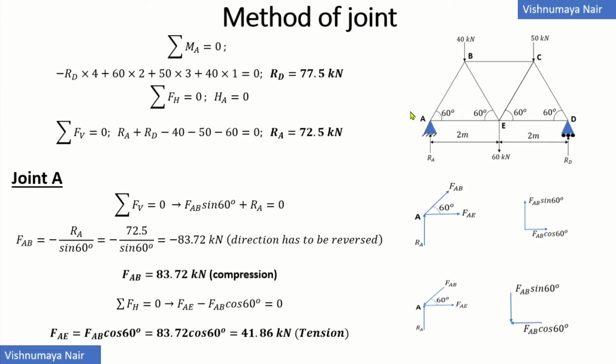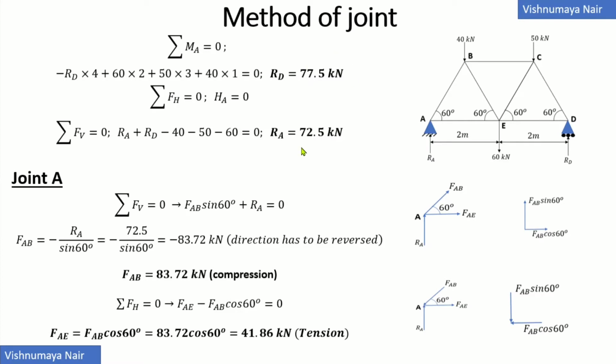Therefore, moment about A due to RD and these loads will be equal to minus RD into 4 plus 60 into 2 plus 50 into 3 plus 40 into 1 is equal to 0. Therefore, RD will be equal to (60 into 2 plus 50 into 3 plus 40 into 1) by 4, which is equal to 77.5 kilonewton.